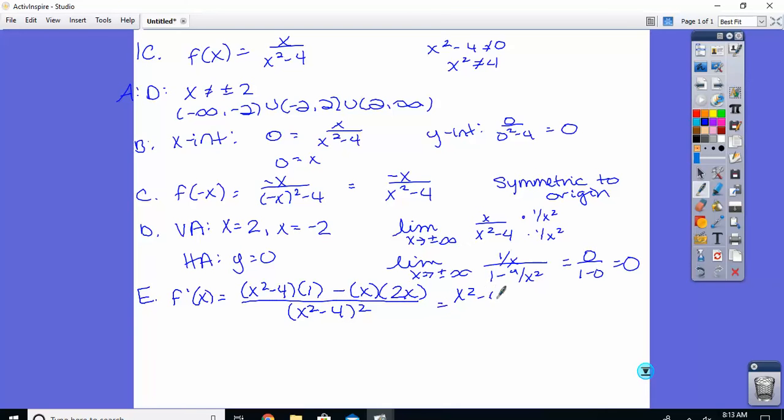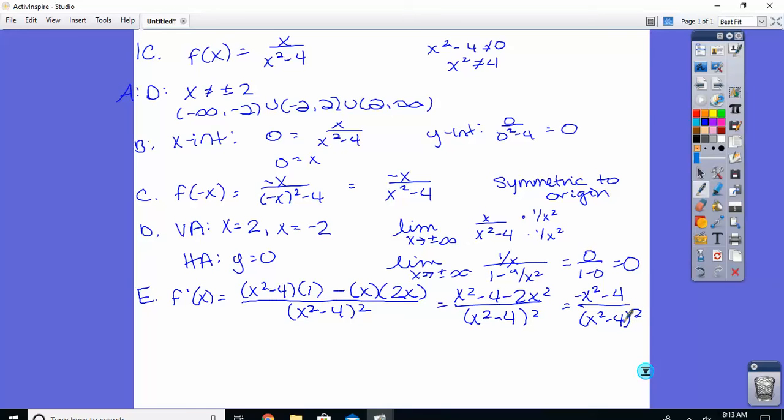So we get x squared minus 4 minus 2x squared, over x squared minus 4 squared. So that gives me a negative x squared minus 4 over x squared minus 4 squared.